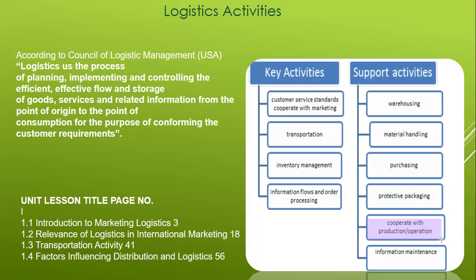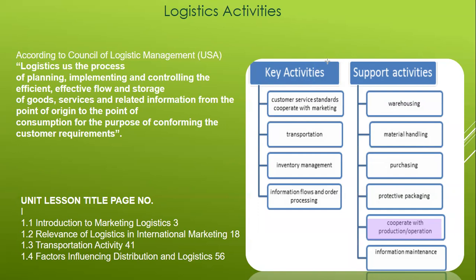Cooperation means you have to be involved in the process: what is the level of production, and whether goods are ready. Then you also intimate the packing team to pack the goods. So you need to transfer the information regarding this process; this is the cooperation with production and operation.